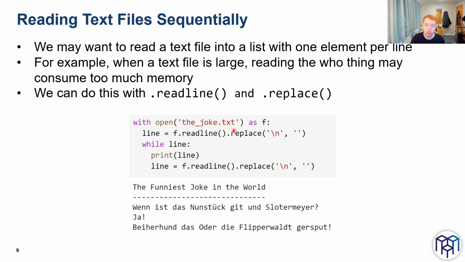So we open a connection to the file as we would before. We can open this with an alias for that connection of f. But then rather than using the read method, we use readline. That's going to read in one line at a time, working through the file. So the first time we run that, it's going to read the first line, and the second time we run that will be the second, third, fourth, etc. Now the problem with this is that this will read out the line in its entirety, including that \n, that new line character at the end.